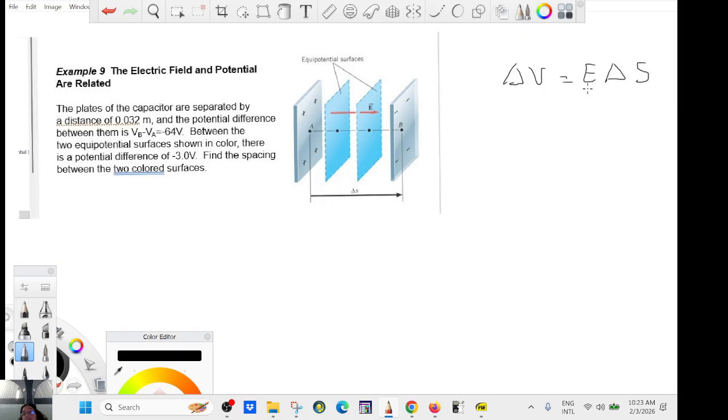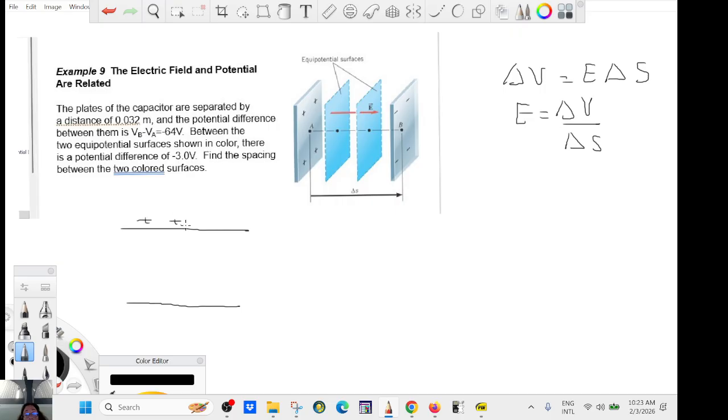Now, if the electric field is uniform, then I can say that the electric field is delta V over delta S. So it's like a capacitor here. This is positive, this is negative, and this is 64 volt. That means this is the higher voltage, and you can imagine this is the ground.